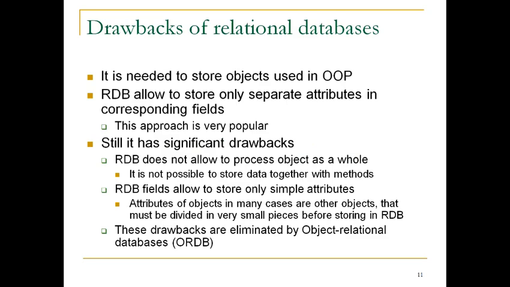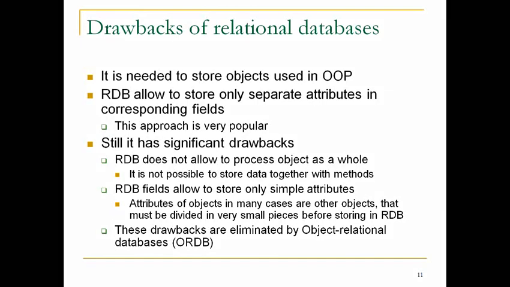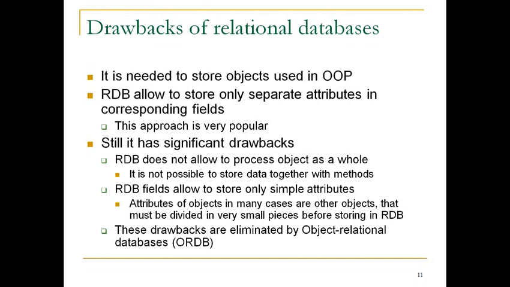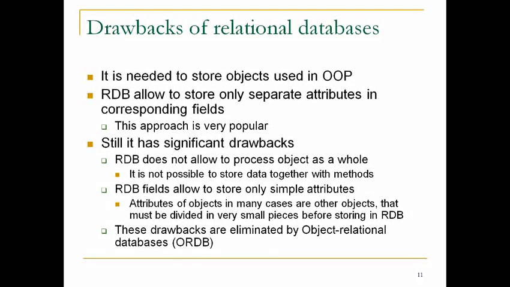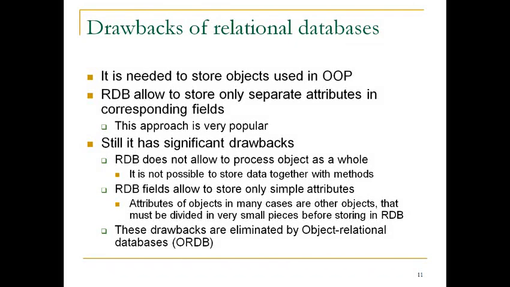Why do we need these object relational databases? Why can't we just store objects in relational tables? Yes, we can, but it's not as effective as it could be if we use these object relational databases.